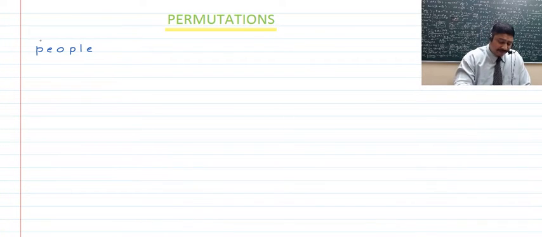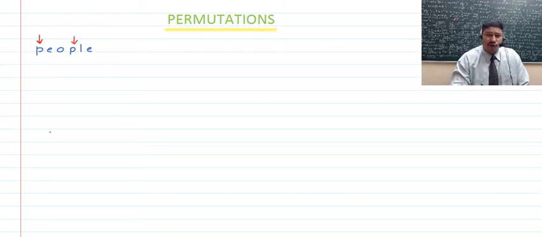P has come one time and P has come another time. Similarly, E has come one time and E has also come a second time. Except for that, the alphabets L and O have just come once. So P and E are the alphabets which have come twice, and this is the type of case that we are going to discuss now.